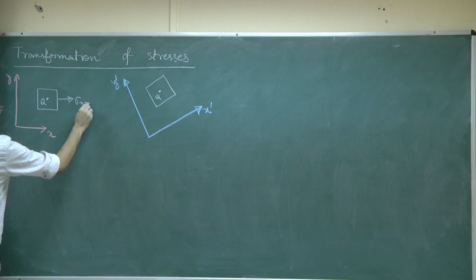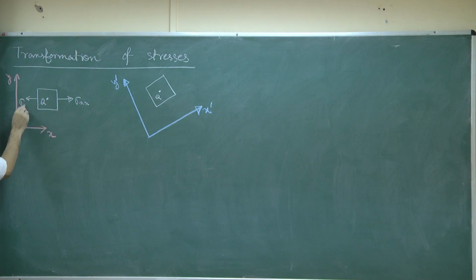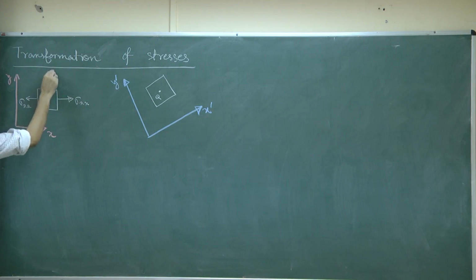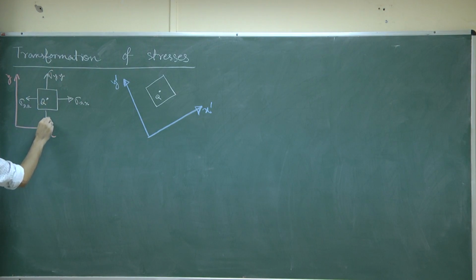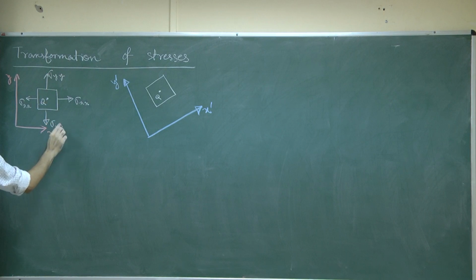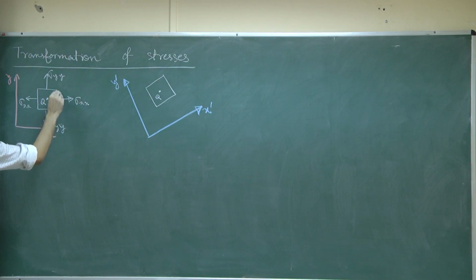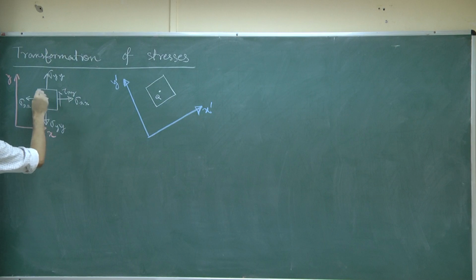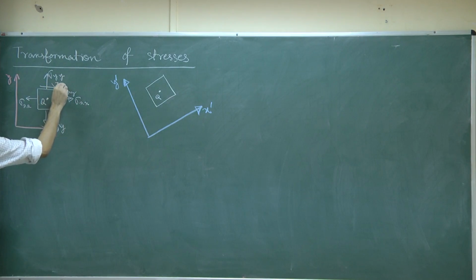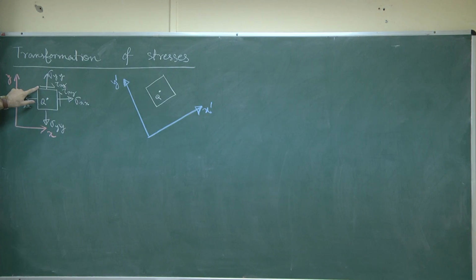This is sigma xx, sigma xx, sigma yy, sigma yy, tau xy, tau xy again. I again emphasize that I am no longer writing this top shear stress as tau yx, rather I am using the relationship that tau xy is equal to tau yx.